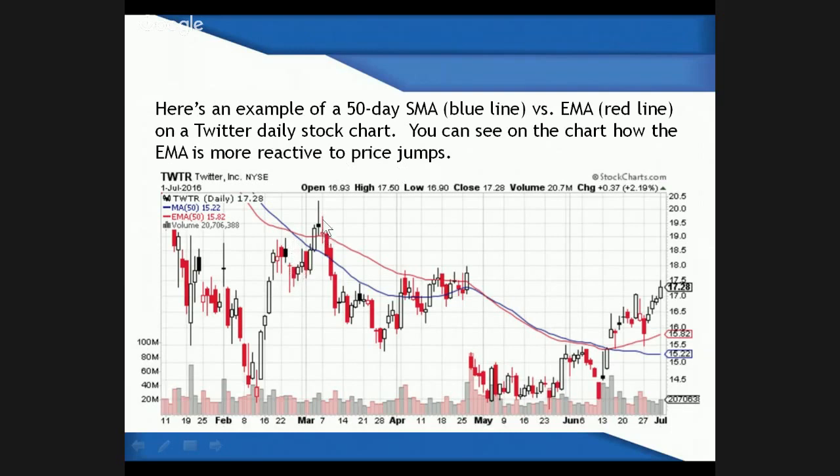So for example, the price jumps here, and the simple moving average doesn't really react much to it, whereas the exponential moving average reacts to it much more. Also over here, see more of a reaction from the EMA, and over here as well. The price jumps, the SMA doesn't react much, if at all, while the EMA reacts.